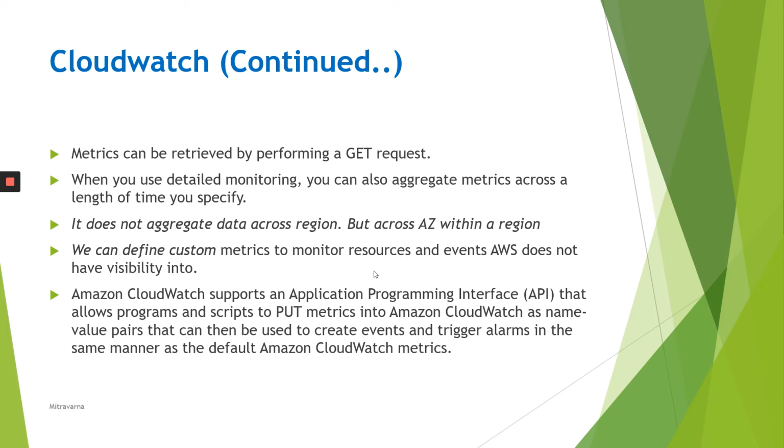We can define custom metrics to monitor resources and events AWS does not have visibility into. Say for some of the events, CloudWatch may not have direct visibility. In that case, CloudWatch has the capability of handling API requests.